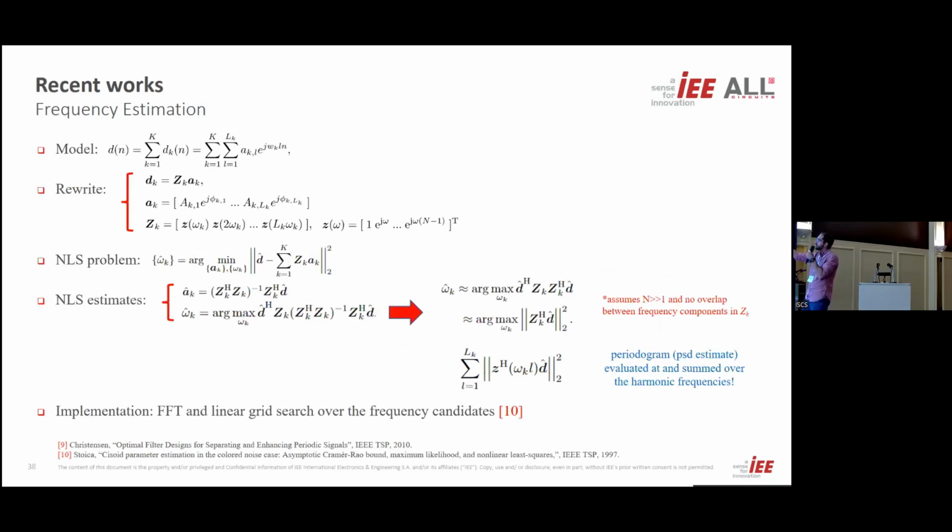We can represent our chest displacement as a summation of harmonically related components, and we can rewrite this into matrix notation. We can define our NLS problem and calculate our NLS estimates, but what is really important here is that all this fancy math boils down into a very efficient implementation using fast Fourier transform and a simple grid search over the frequency candidates. This was really important to us.